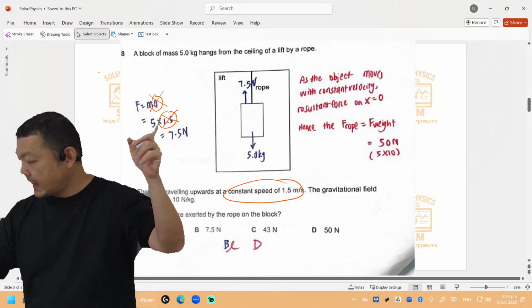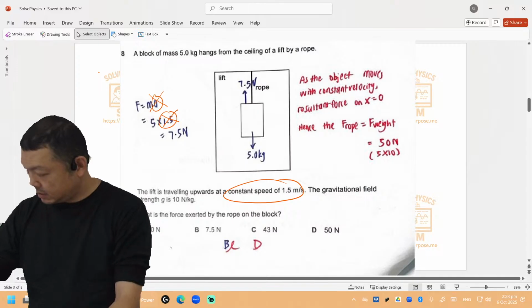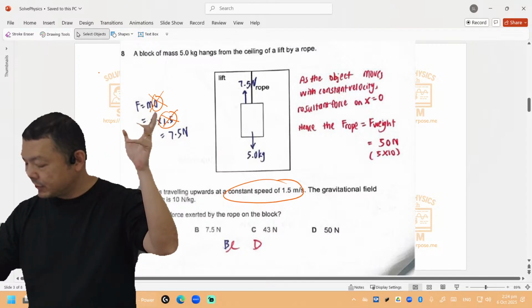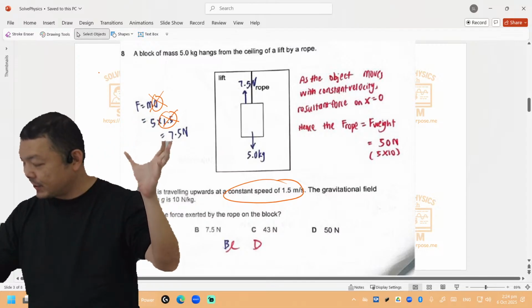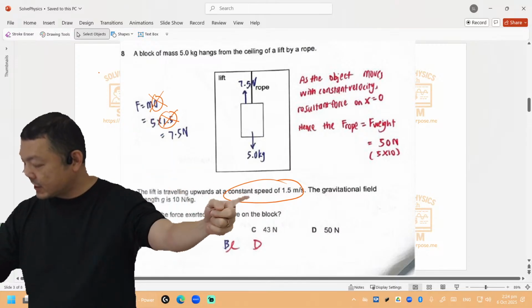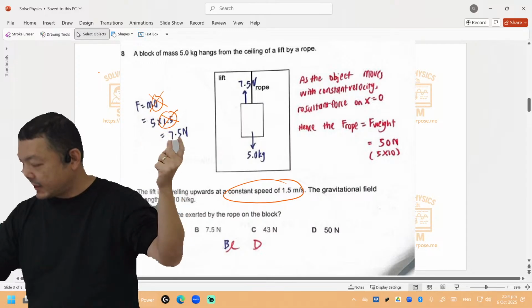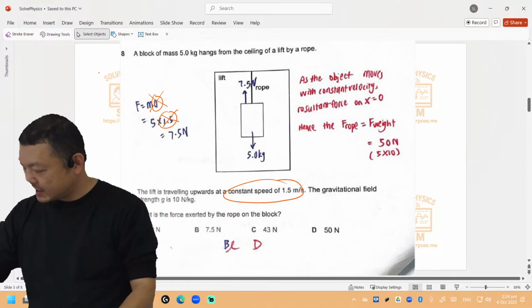Why would you take a as 1.5? Is it because it's convenient? It's not about trying to force an answer out, you know. They tell you it's constant speed. You took the a and put it as 1.5. Then you came out with an answer and decided that's the answer.